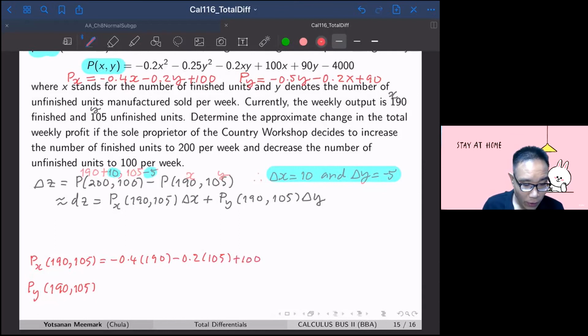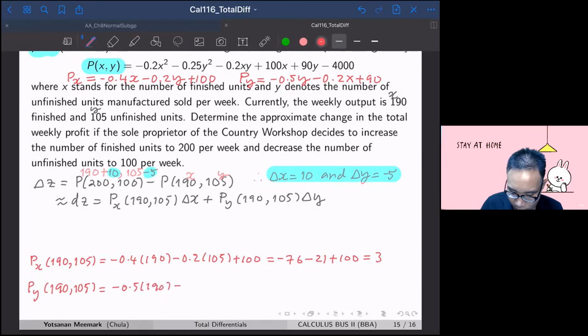So this will be negative 76 minus 21 plus 100. So this will be 3. Okay, not bad.